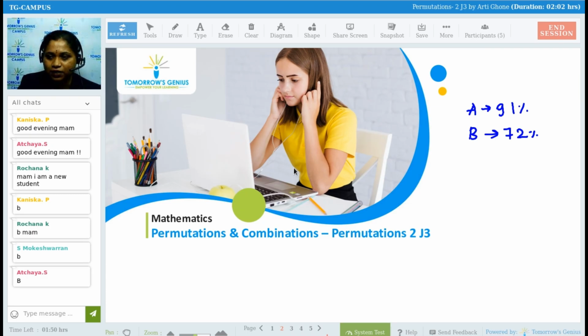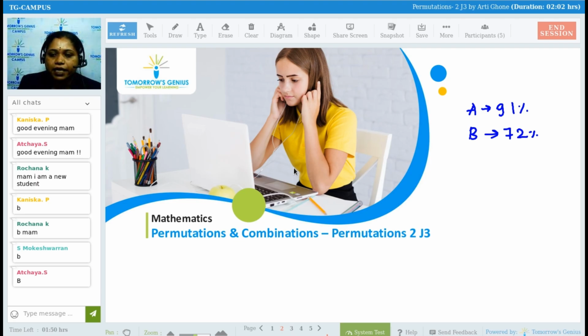Multiplication and addition. When does multiplication come? With the word and. We can say addition when the word or comes. Case 1 or case 2 is happening, then we are doing the addition principle.